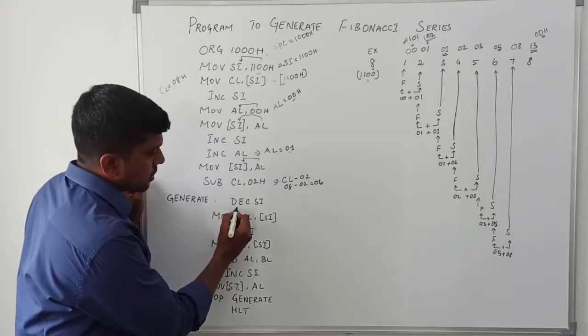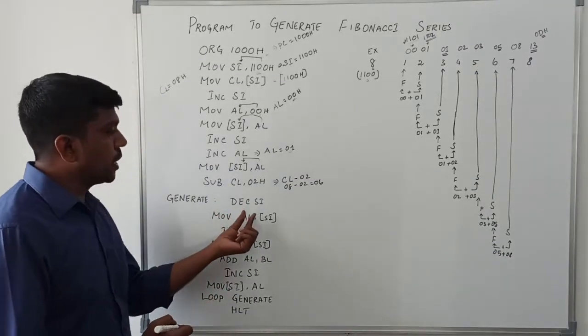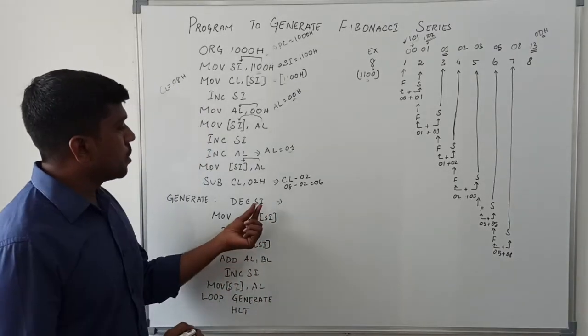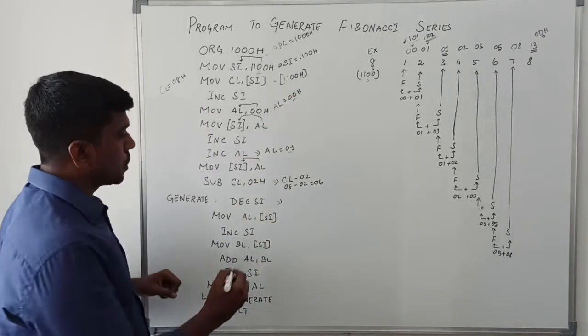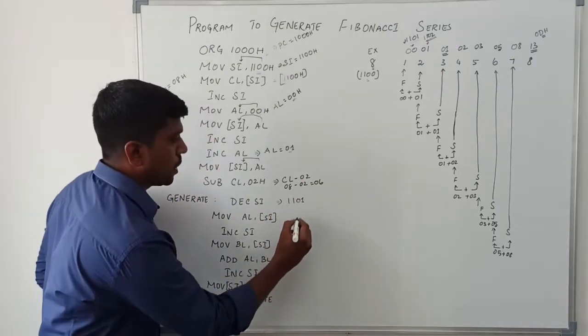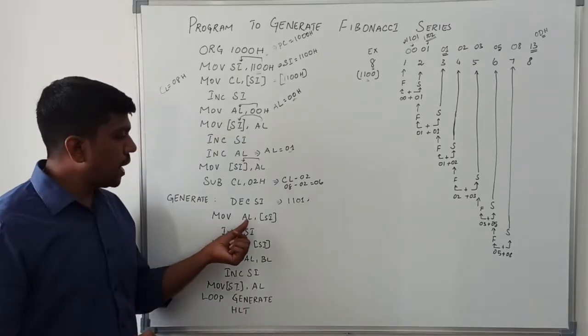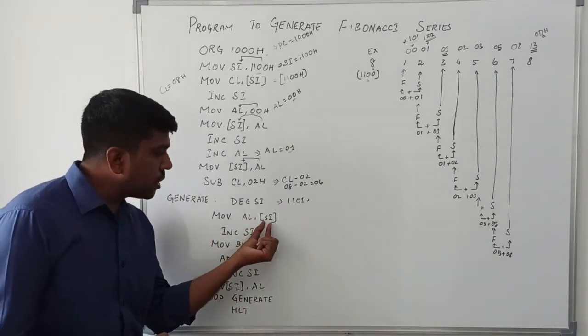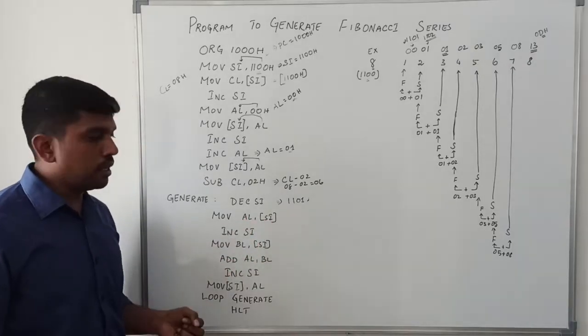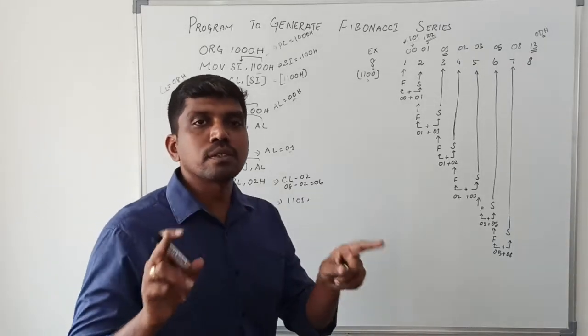Now we go to the next instruction, DEC SI. So decrement the SI register content. The SI register content is 1102, so after decrementing, this value goes to 1101. Then MOV AL, [SI]. Whatever value is present in this SI memory location, that content is transferred to AL. Here SI is represented within a bracket.